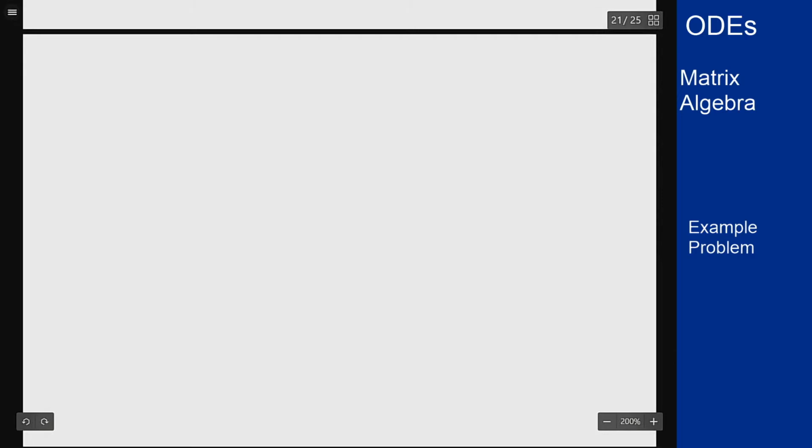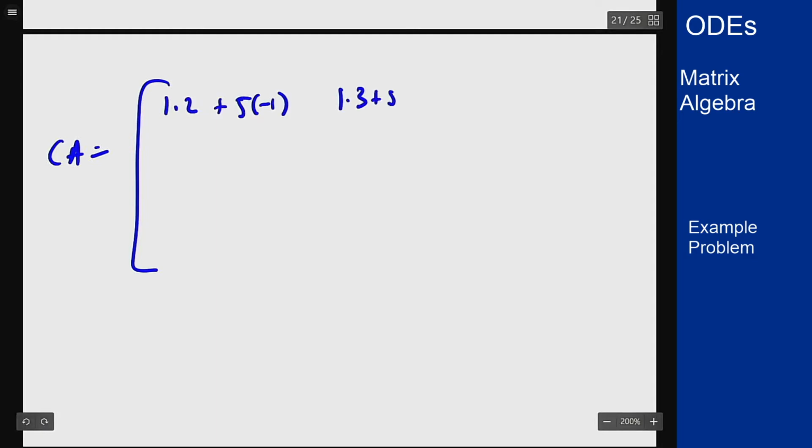So C times A is going to be row 1 of C dotted with column 1 of A. So 1 times 2 plus 5 times minus 1. Move over: 1 times 3 plus 5 times 0. And then to the last column, 1 times 1 plus 5 times 3.